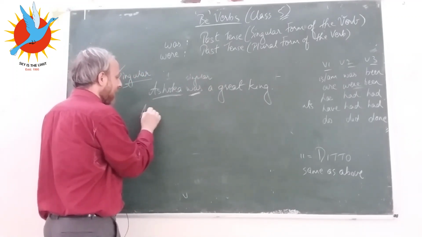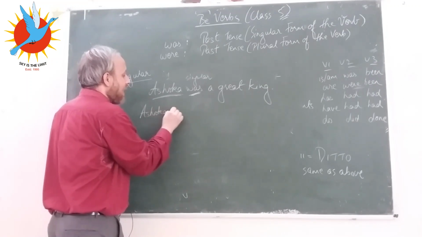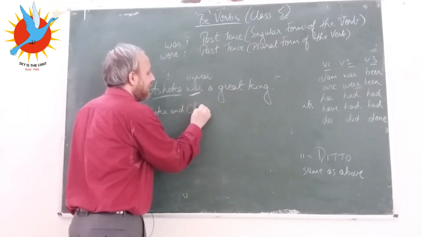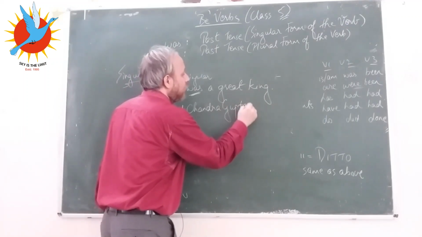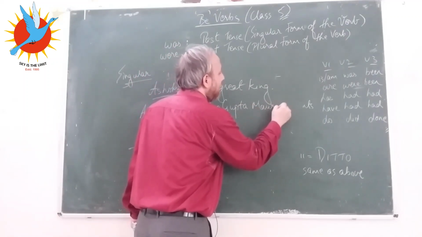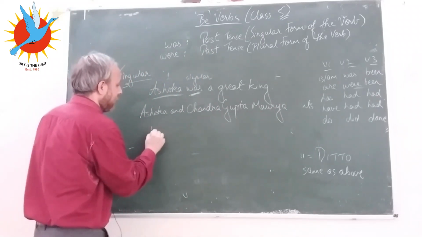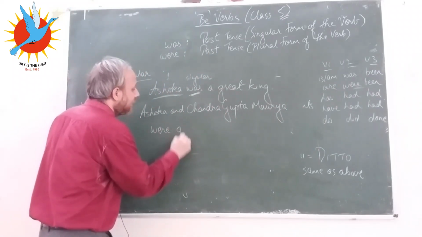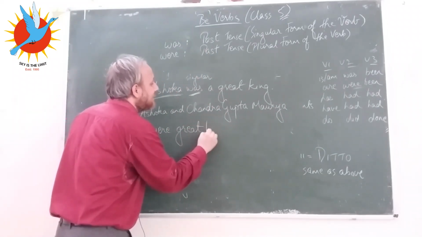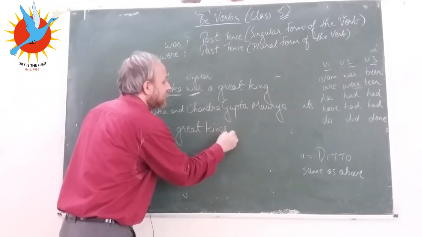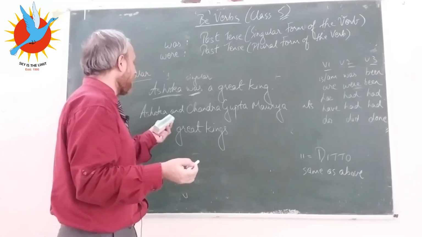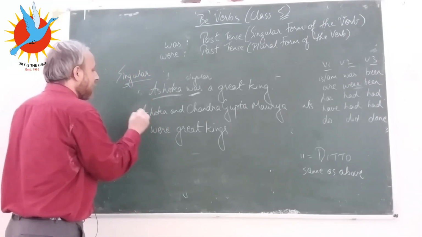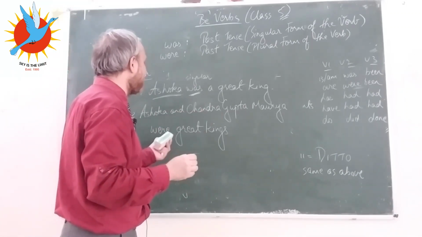Okay, so let's say Ashoka and Chandragupta Maurya were great kings. So now first, what do you have to do? You have to figure out the subject. Now if you look at sentence number 2, Ashoka and Chandragupta Maurya were great kings.